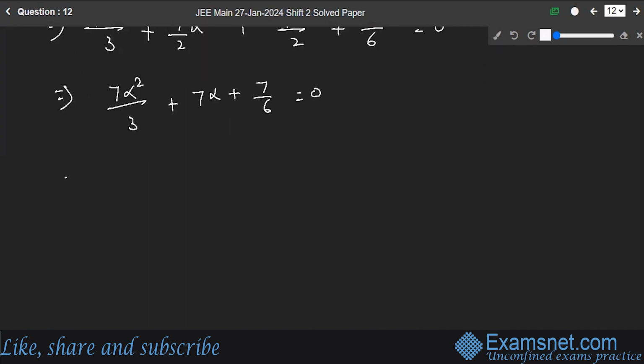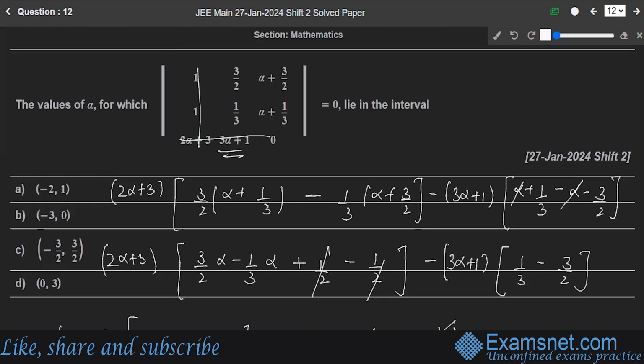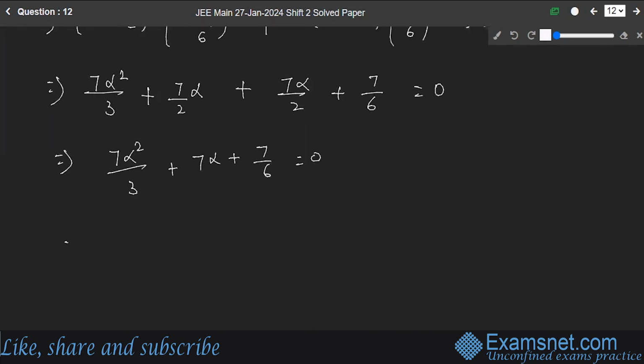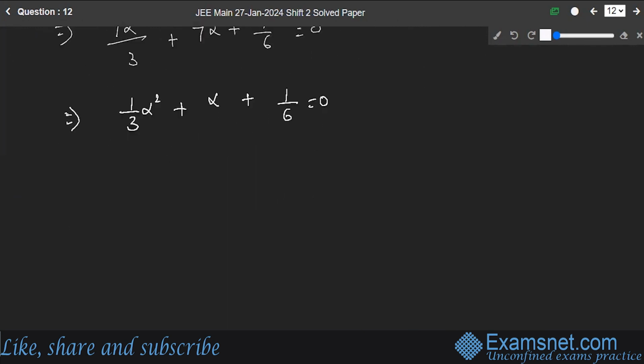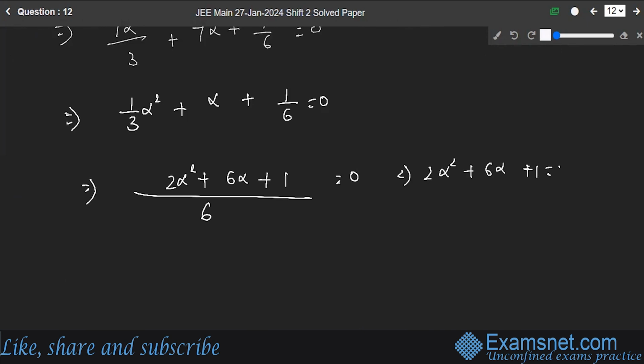Dividing both sides by 7, that will be an easy thing. So you will have 1 by 3 alpha square plus alpha plus 1 by 6 is equal to 0. Let's take the LCM, 6: 2 alpha square plus 6 alpha plus 1 is equal to 0. That gives you 2 alpha square plus 6 alpha plus 1 is equal to 0.